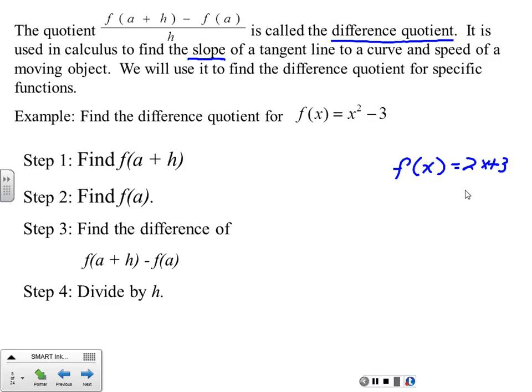This is y equals mx plus b, slope-intercept form. Your answer is 2. So if I gave you a linear equation and said apply the difference quotient to this function and tell me the answer, this would be a bonus question on your test.